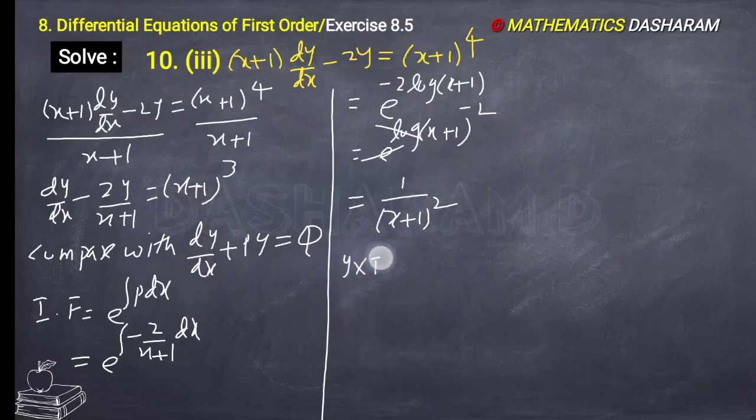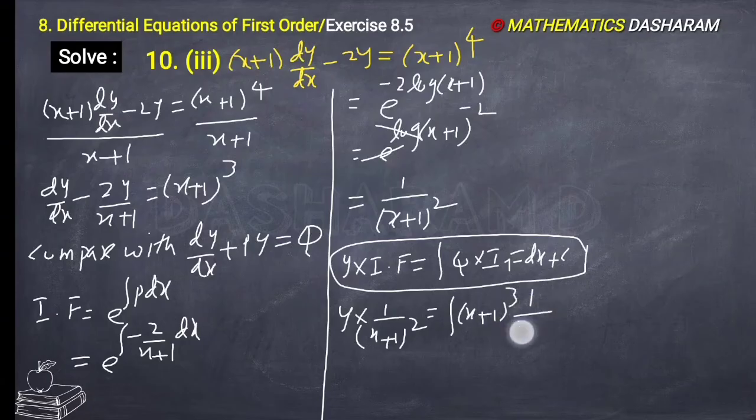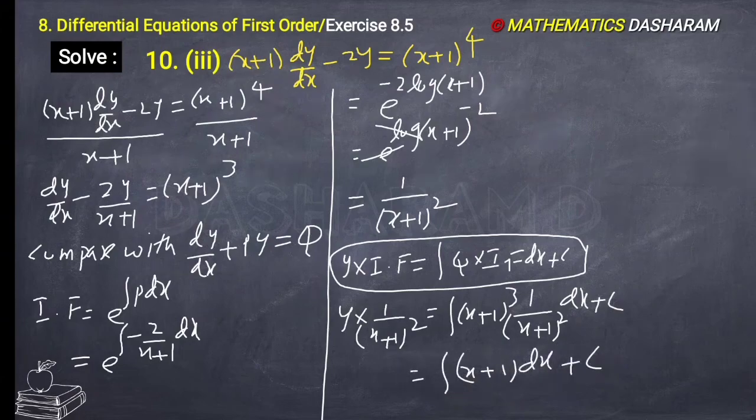Now the formula to find the solution is integration of q into integrating factor dx plus c. So y into integrating factor, 1 by (x+1) whole square, equals the q value, that is (x+1) whole cube into 1 by (x+1) whole square dx plus c. So integration of (x+1) dx plus c.